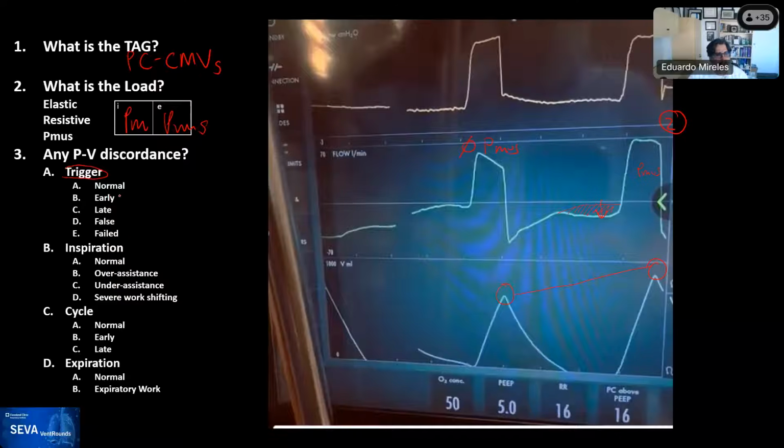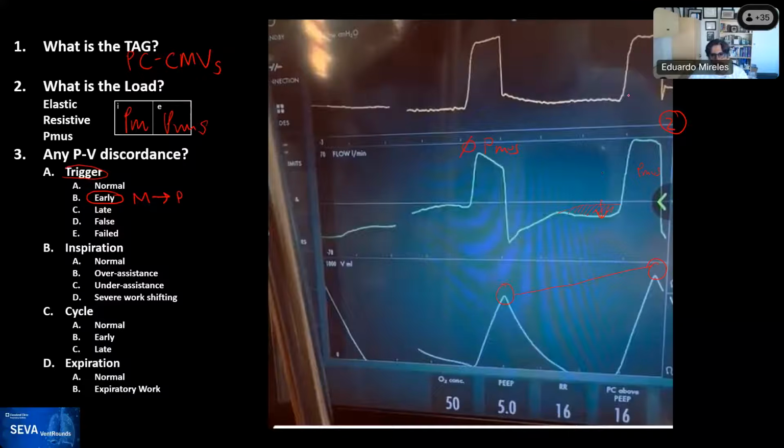Yes, this is an early trigger, and that's why in the classification we use the term early just to describe what's happening, because if you were classifying these based on how it's named commonly in the literature, which is reverse trigger, it talks about a specific pattern, but you'll see how this transforms into something else. So the pattern that we're looking at here is a mandatory breath followed by evidence of patient activity.